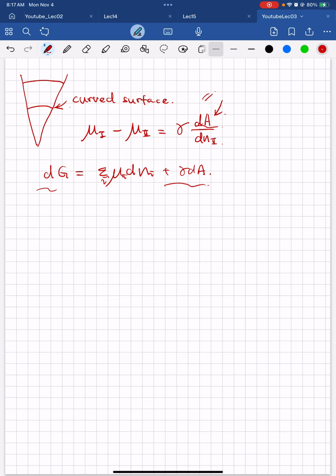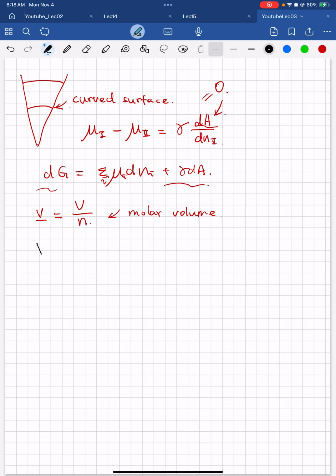It won't be 0 like in the flat surface because it has a different radius of curvature, right? Then you just have to modify there. So how are we going to do that? Well, we are going to use this equation, V equals to n times V, and this is molar volume.